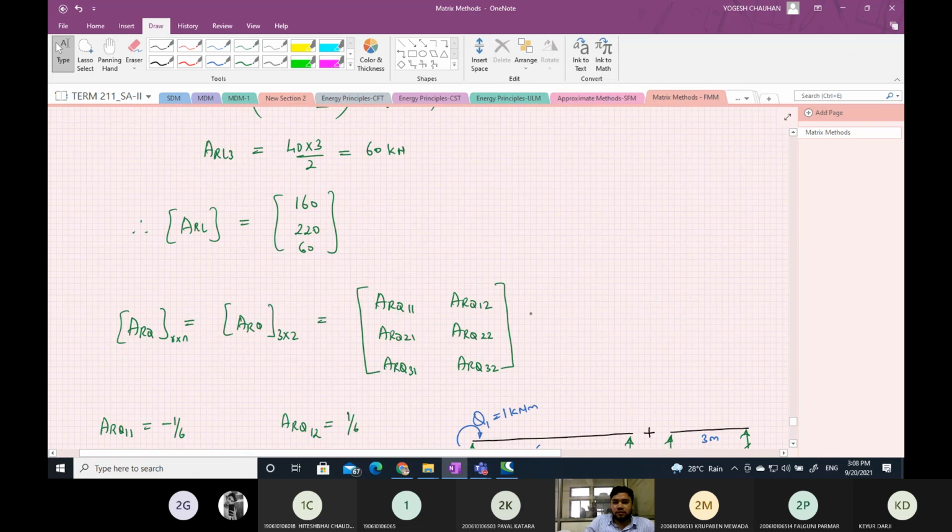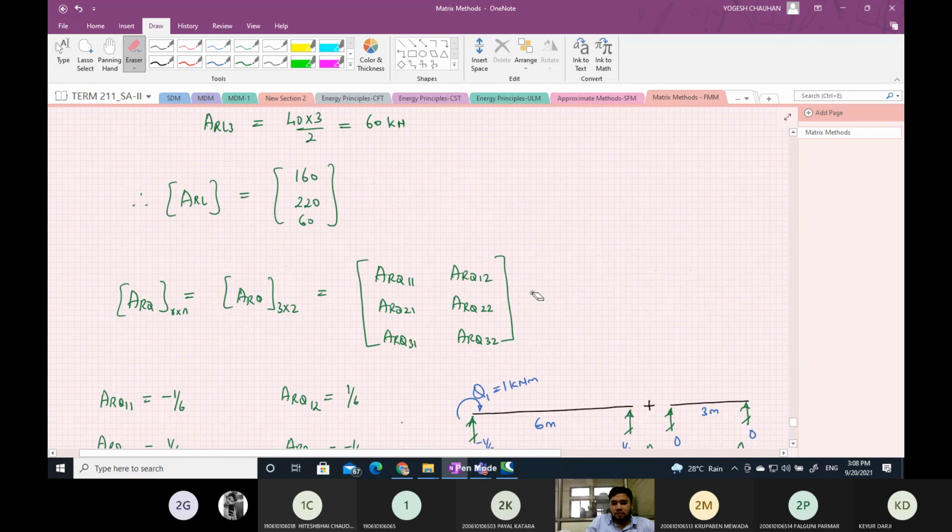Whereas this was the reactions in released structure due to unit value of redundant. Okay.